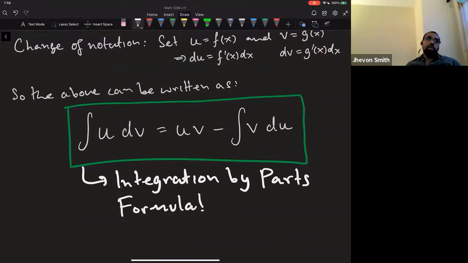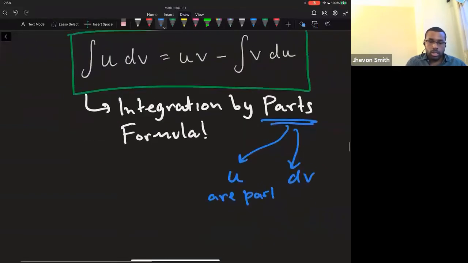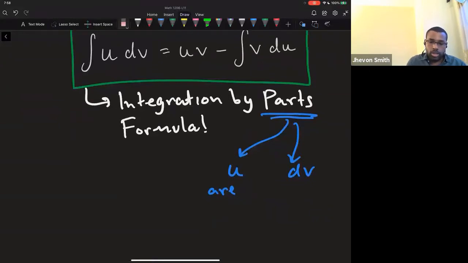And why is it called integration by parts? Because we are going to be choosing parts. u and dv are parts of an integral that will be chosen.